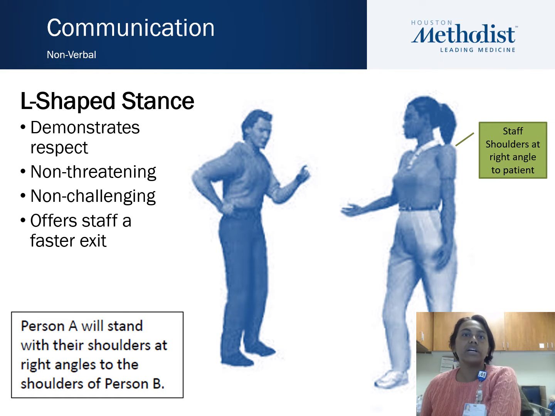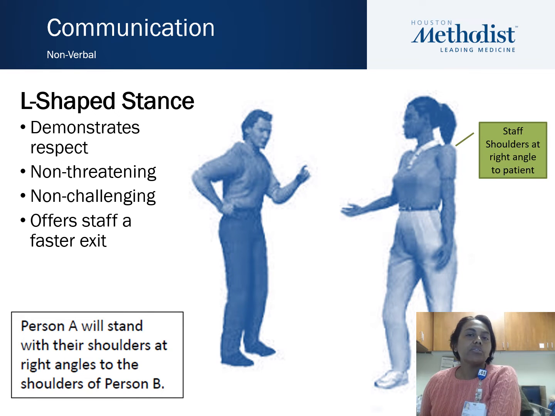Okay, I really love the L-shaped stance. This is the position. In this case, we have the female on the right engaged in perhaps a difficult conversation with the gentleman on the left. If this person on the right needs to deliver some news to the patient that is possibly not going to be taken well, it could be something like wait times are going to be longer than expected.